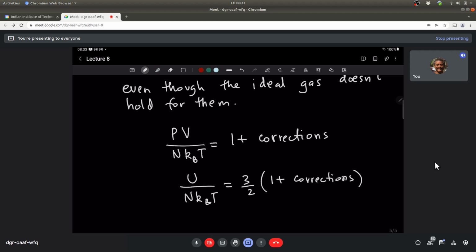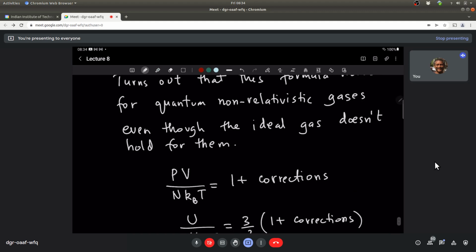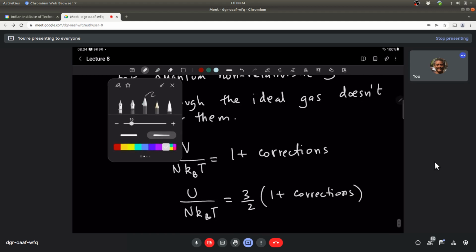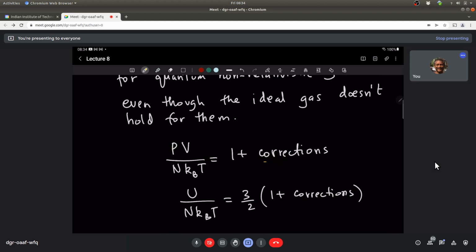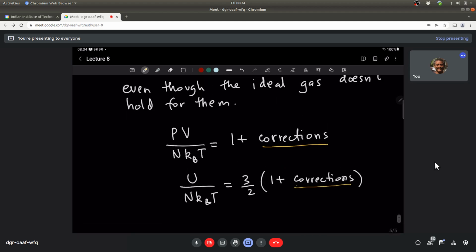Okay, and so what I'm claiming here is that the corrections that appear in the ideal gas law, and the corrections to the 3 by 2 nkBT, these two corrections are the same. That's what one is saying. Okay, and there is a simple way to understand it. I will not discuss it at this point in time, but we will see this. Rather, I'll give you an example where it is not.